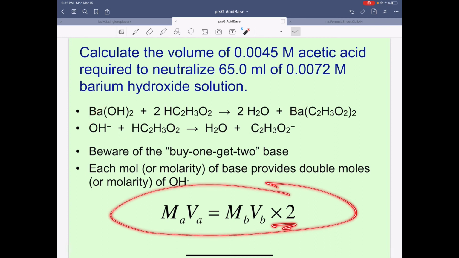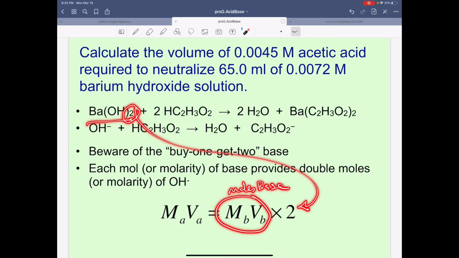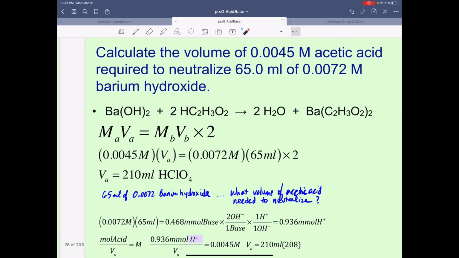We have to watch out because of the stoichiometry, and it's a little disconcerting. Notice that this 2 is on the base side, and you might be distracted and think you should put it on the acid side. But that's because molarity times volume will give us moles of base, but the actual base molecule gives us twice as many hydroxides, so we need the 2 on the base side.